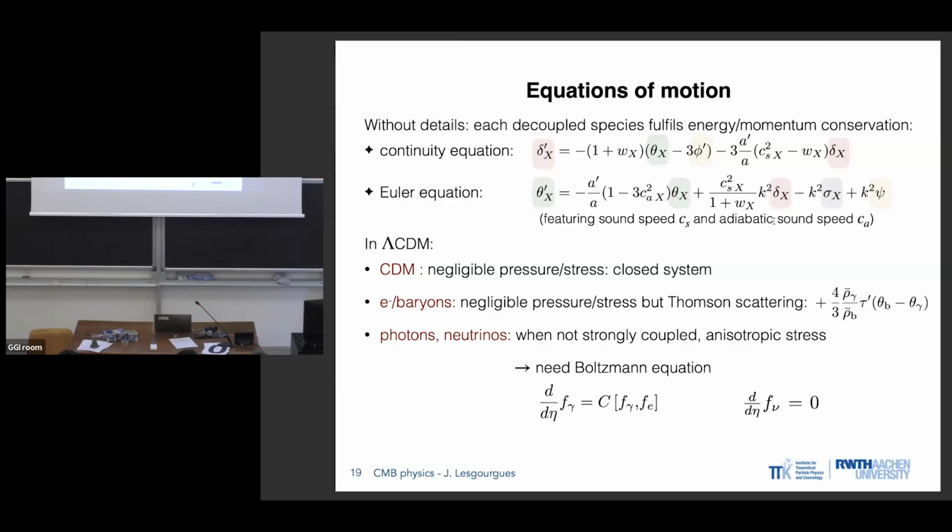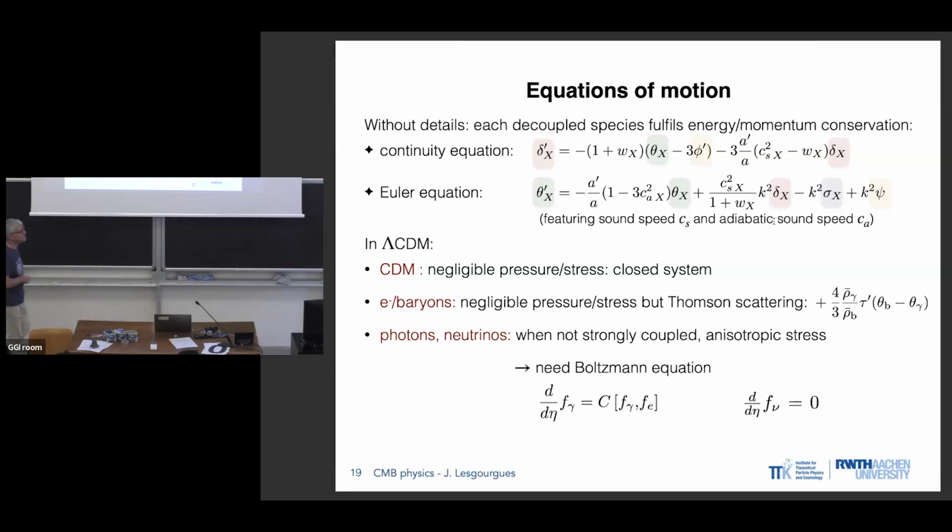Okay. I can anticipate that the role of this term is that if the baryon and photon velocity are not aligned, so if the parenthesis is not 0, and if tau prime is non-negligible, this term will push on the derivative of theta in a direction such that theta will evolve to make the parenthesis go to 0.